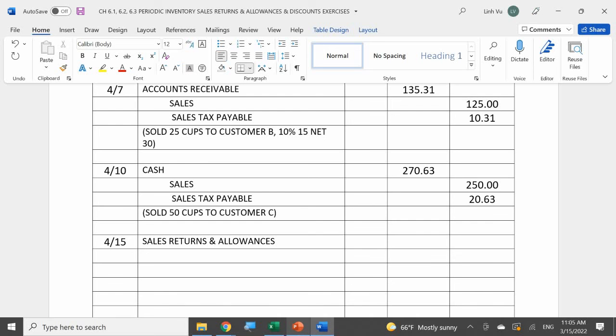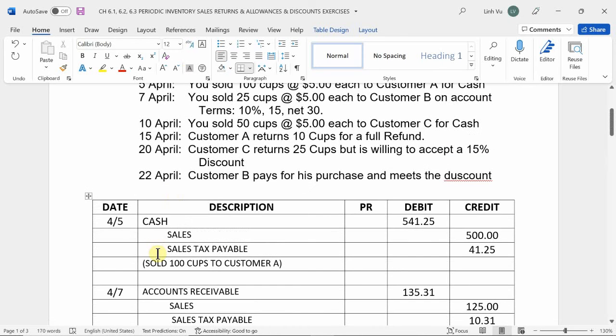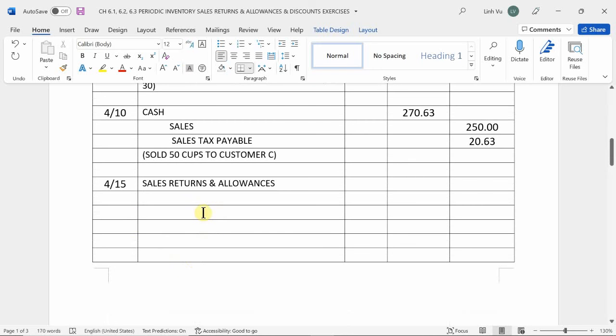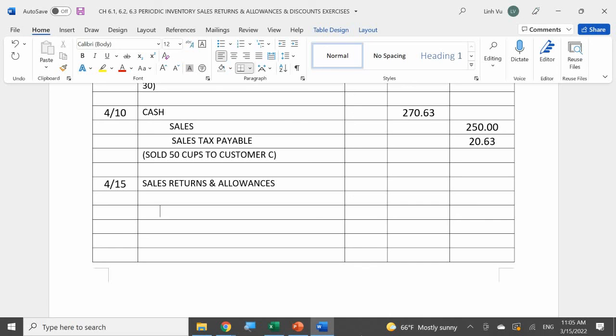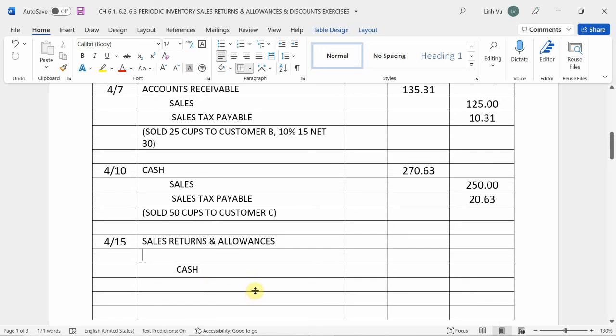Not accounts receivable, because how did customer A pay me? Did they owe me on an account or did they pay me in cash? They paid me with cash. So I am going to be giving them their money back. Now, what else do I need to also give back? I have to give them their portion of their tax back.